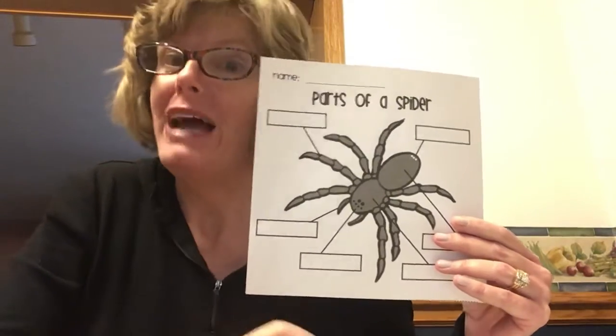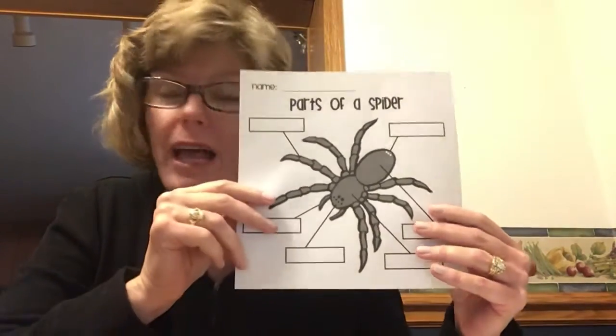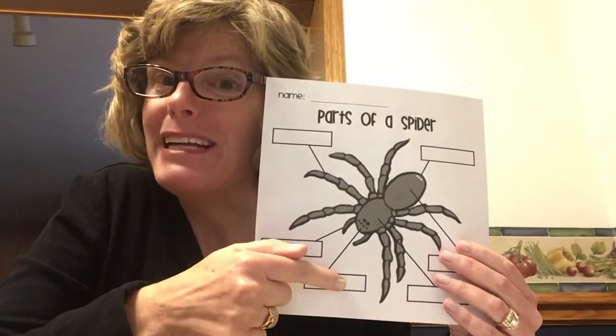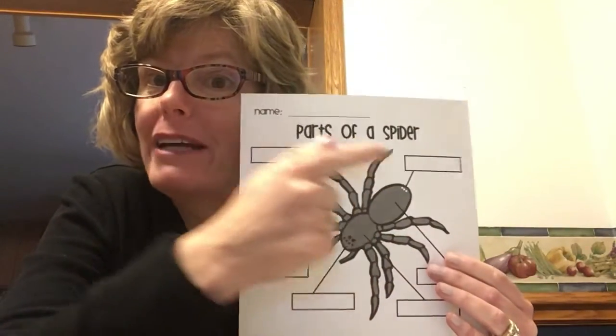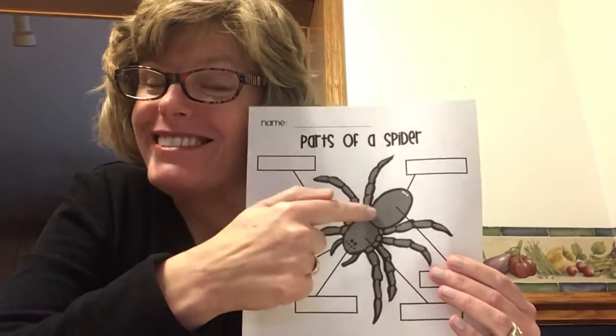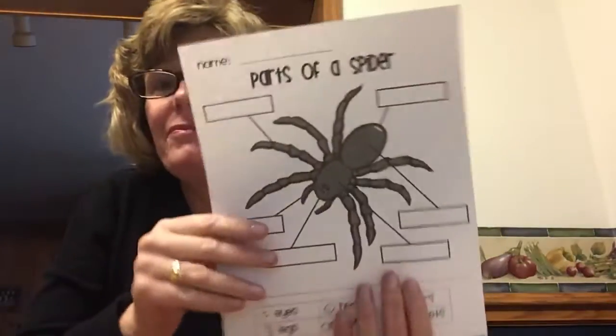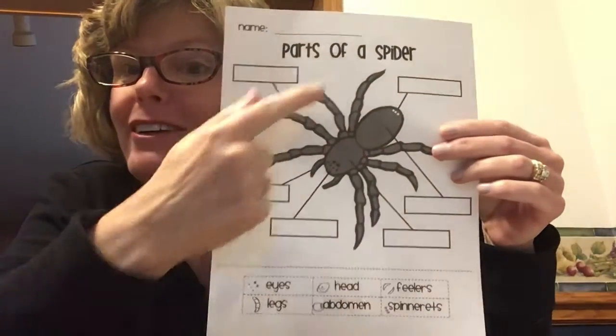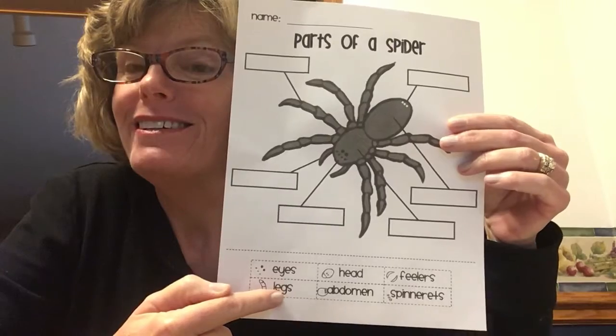Nice job. Now, I have a little activity for you where you're going to match the names of the parts of the spider with its parts. Here's what your paper looks like. You can see here's the spider, here's the parts.